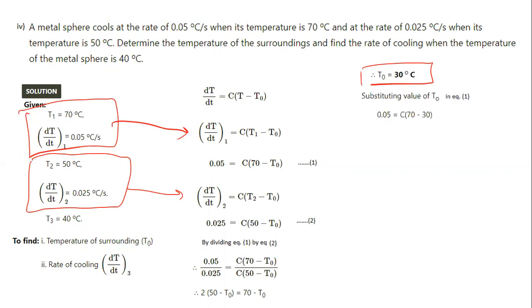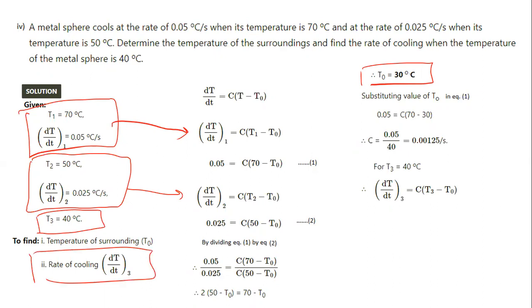Now substituting T0 in equation 1, we can find out C. And C is 0.05 divided by 40. Oh, sorry, something is a printing mistake when we did it. So C we get. As we get C, then we can write the case 3, the formula 3 for these two.